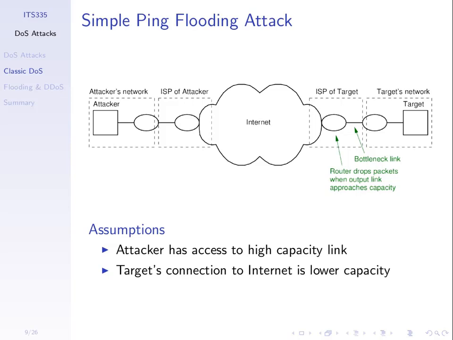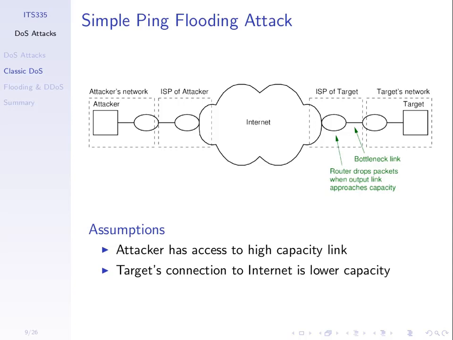So what the attacker tries to do is to send enough packets to the target such that this bottleneck link is overloaded. It has some capacity. If we send enough packets in such that we start to reach that capacity, then the link is carrying packets from the attacker, and it cannot carry the packets from the normal users.